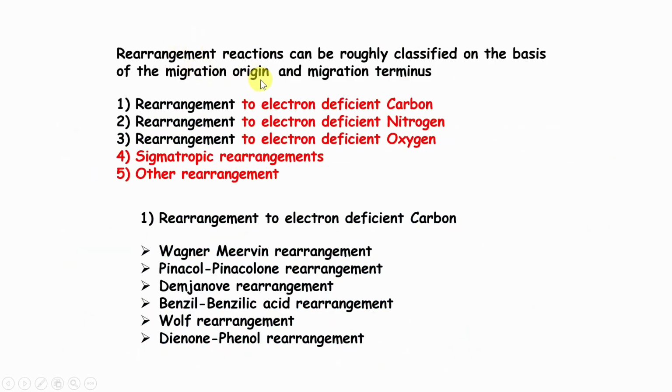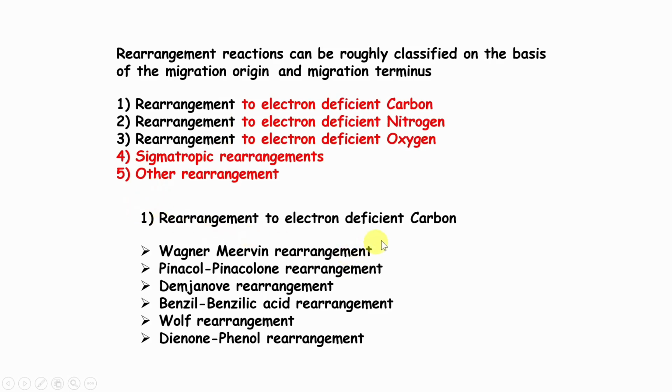Rearrangement reactions can be roughly classified on the basis of migration origin and migration terminus as rearrangement to electron deficient carbon atom, rearrangement to electron deficient nitrogen atom, rearrangement to electron deficient oxygen, sigmatropic rearrangement, and other rearrangements. These are the important classifications of organic molecular rearrangement reactions.